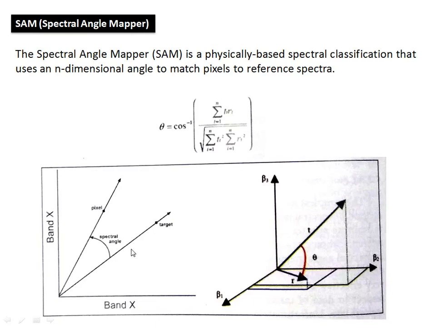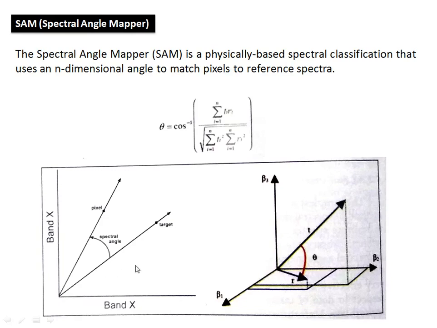If it is directed this way, then the spectral feature will be something different from that. And if the angle is acute between these two spectra, then there is spectral similarity, and you can say the spectra are very similar.